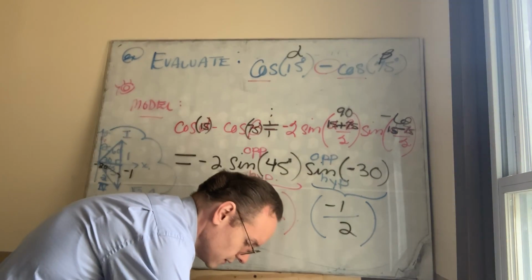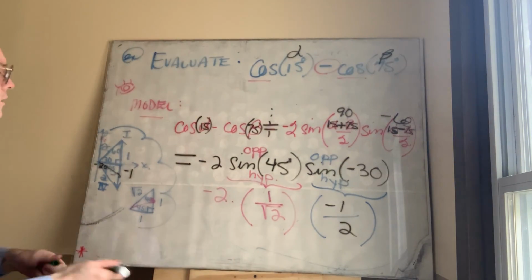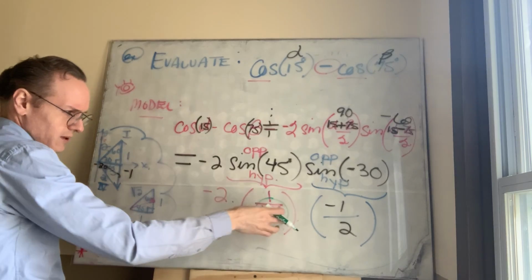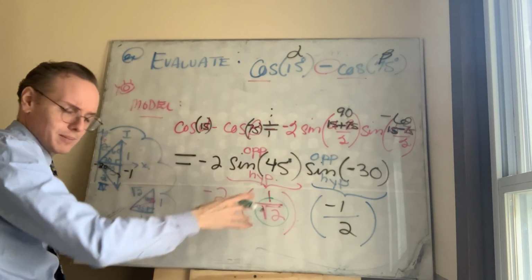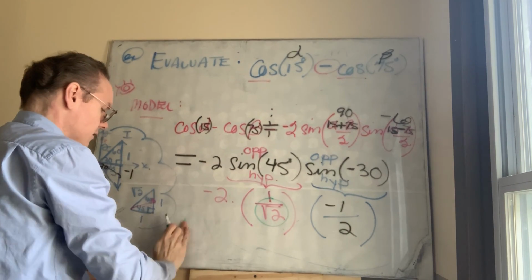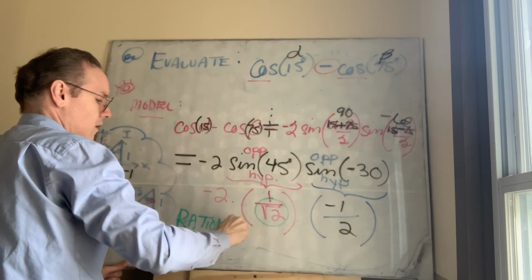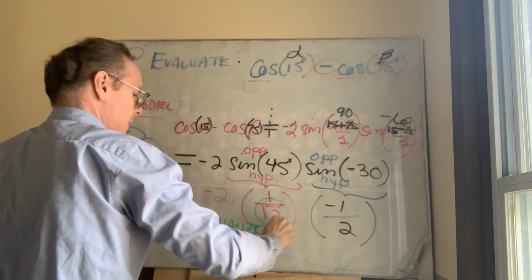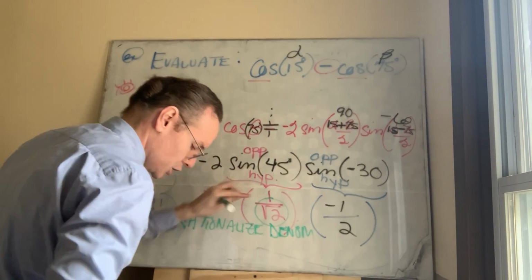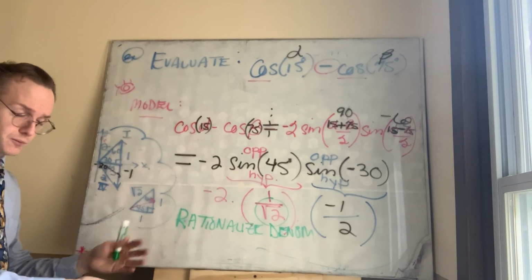One other little tweak here is rationalizing the denominator of the square root of 2. What that really means is that you're going to be taking the square root of 2 and placing it on top, because you're going to multiply this ratio by a convenient incarnation of 1.